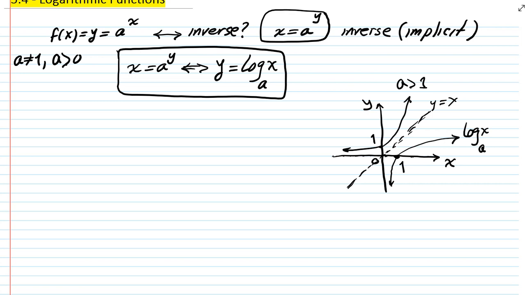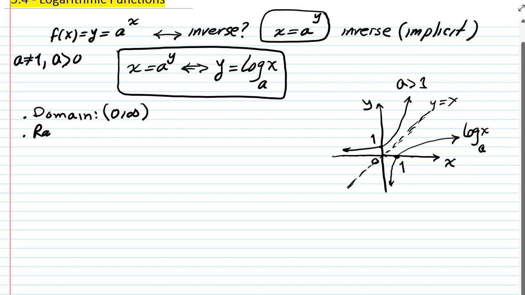So let's write the properties that we see here for the logarithmic function. First of all, the domain of logs is the same as the range of the exponentials, the functions which created them as inverses. So that means the domain is from 0 to infinity. That was the range of the exponential function.